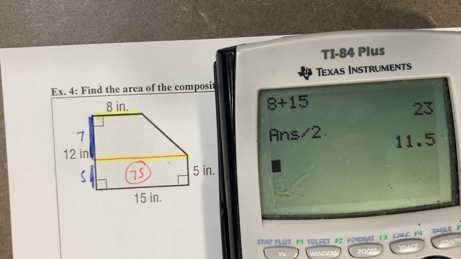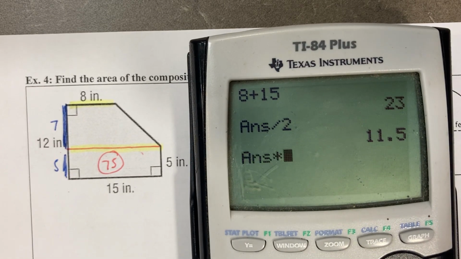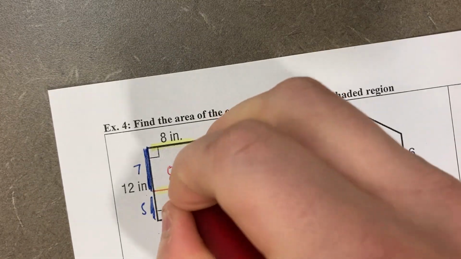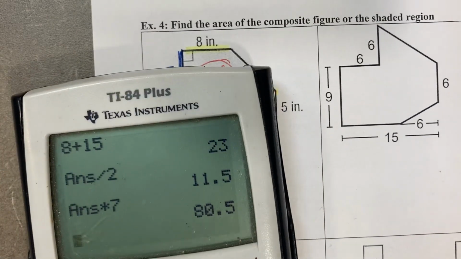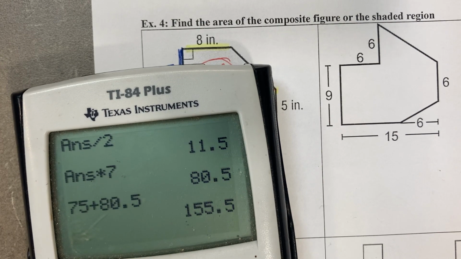There's my average. The average of my bases is 11.5, and then you multiply that times your height to get 80.5. So this is 80.5, and now I'm just gonna add those together. 75 plus 80.5, 155.5.